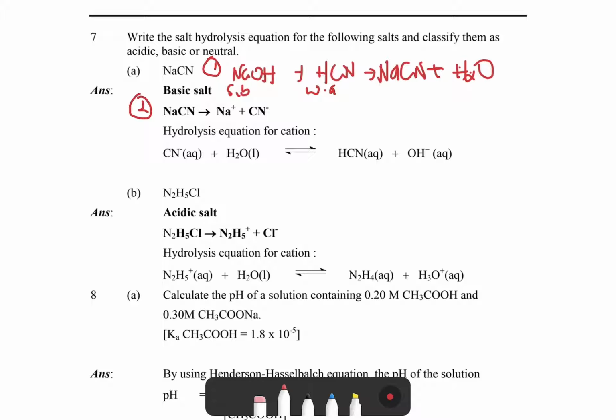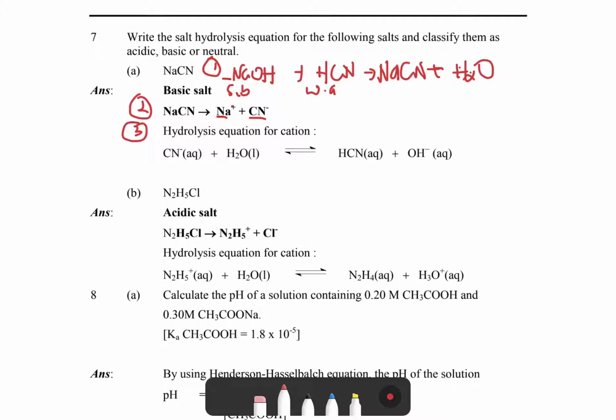So untuk hydrolysis, okay, untuk equations ketiga, hydrolysis kita pilih ion yang akan hydrolyze by water. The ion must be strong ion. So macam mana kita mau determine dia strong ion? Tengok dia punya, the ion dia berasal dari mana. For example, Na ion dia berasal dari NaOH, which is strong base.